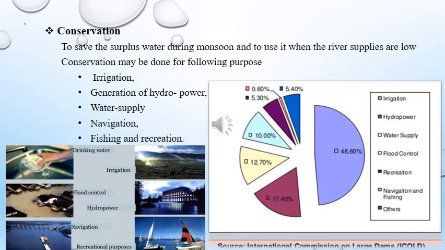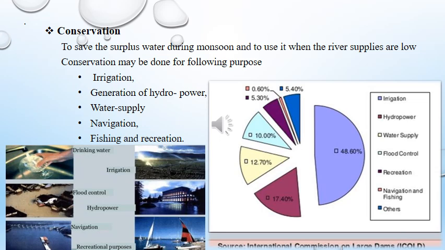And these dams are constructed for conservation. Conservation means to save the surplus water during the monsoon and to use it when the river supplies are low, or we can say this water can be used whenever it is needed.